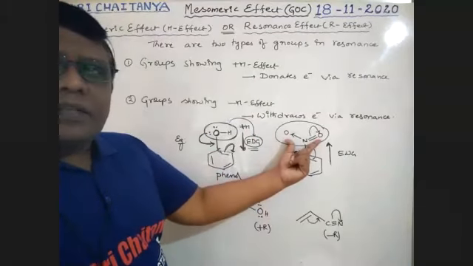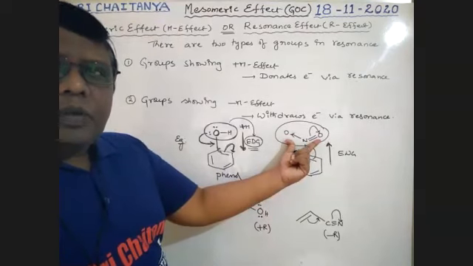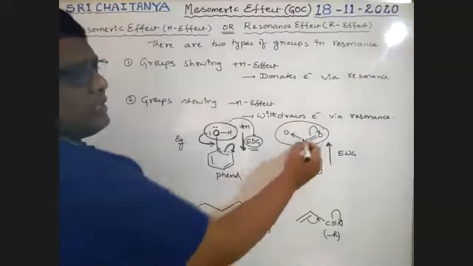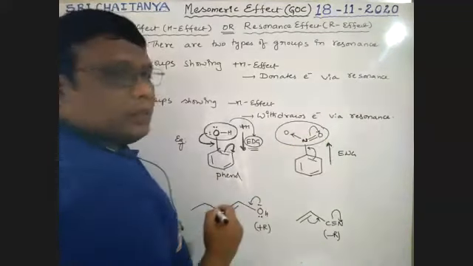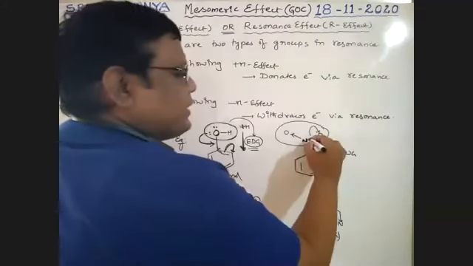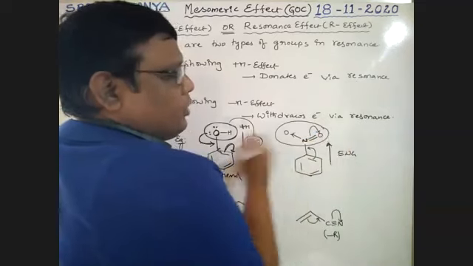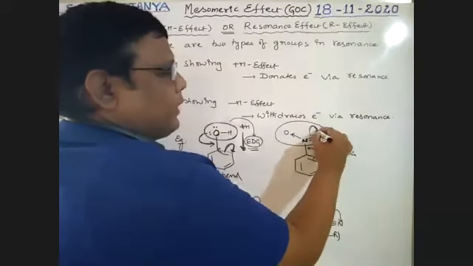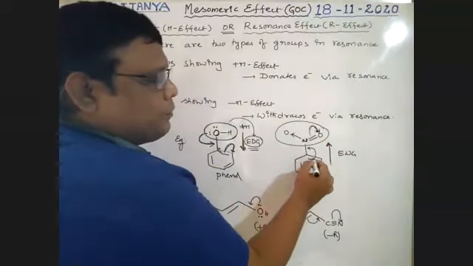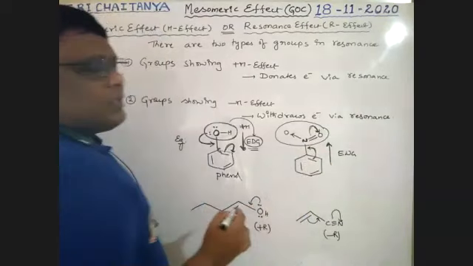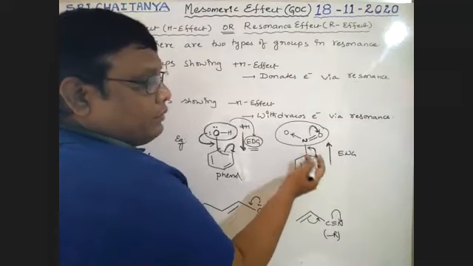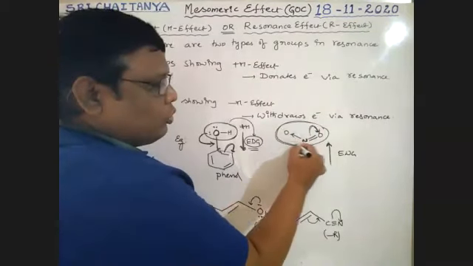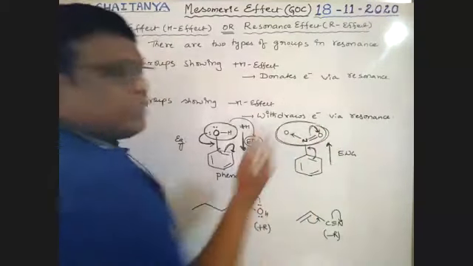This is the group, boys. Here also, this is the NO2 group, N double bond O. This pi bond migrated towards oxygen. So this pi bond from the benzene ring migrated towards nitrogen. That means this NO2 group withdraws electrons from benzene.